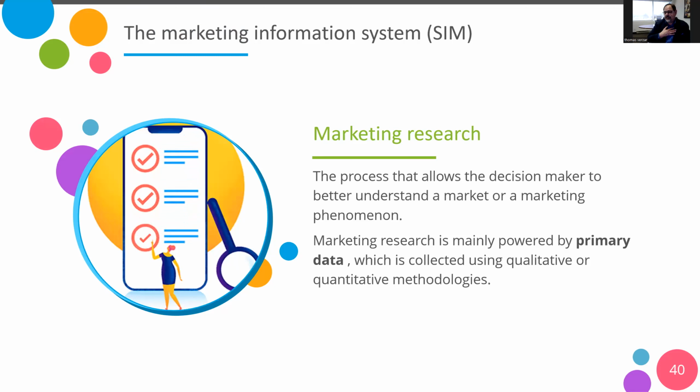In some cases, this might be your company doing this research internally, if you have a market research division, or you might entrust this to a market research firm. Marketing research can be very rigorous in terms of being able to generalize this information onto a population, so statistically reliable and valid, or it might just be to give us a little idea.